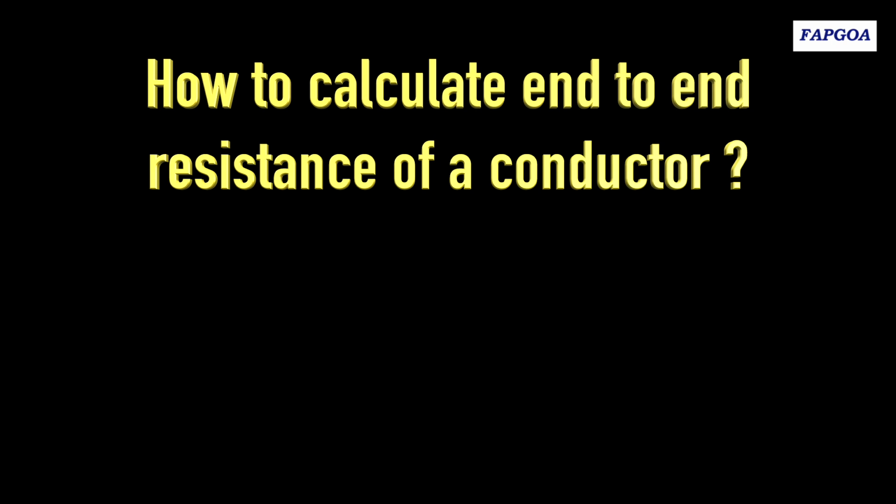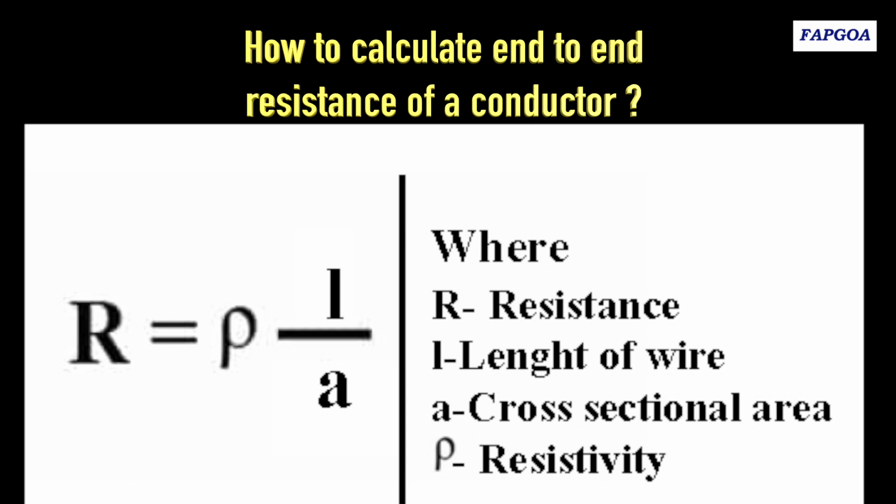How to calculate the end-to-end resistance of a conductor? If you have a conductor of length L and cross-sectional area A, then the end-to-end resistance of the conductor is calculated as R = ρL/A, where L is the length of the conductor and A is the cross-sectional area of the conductor.